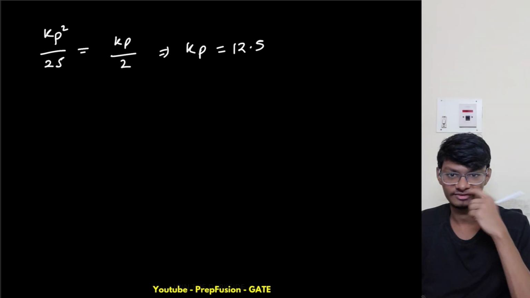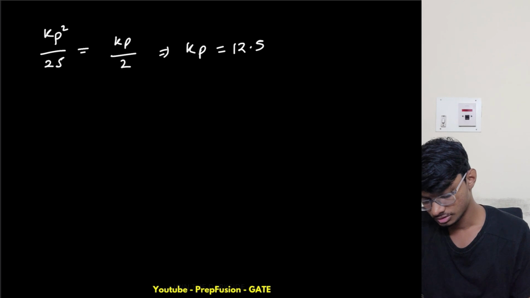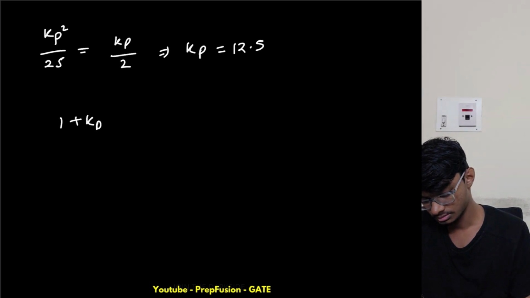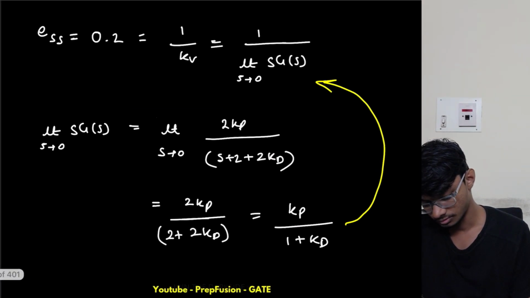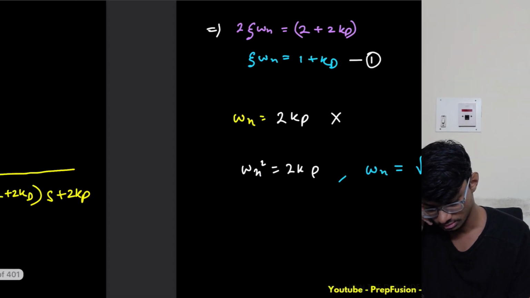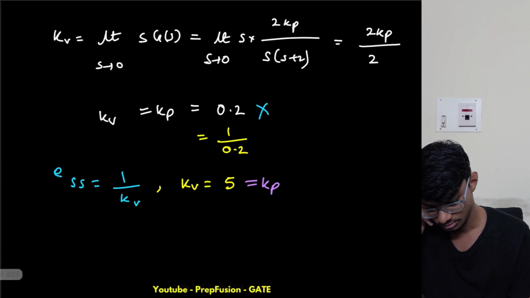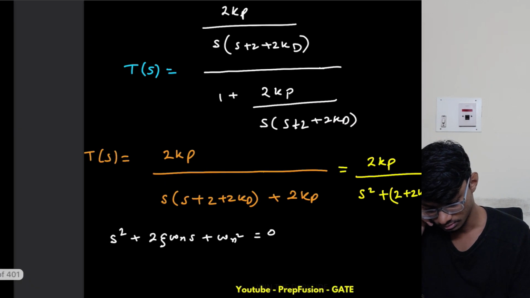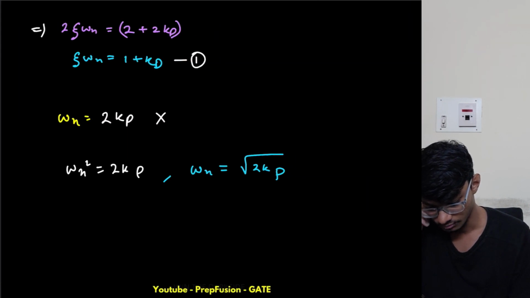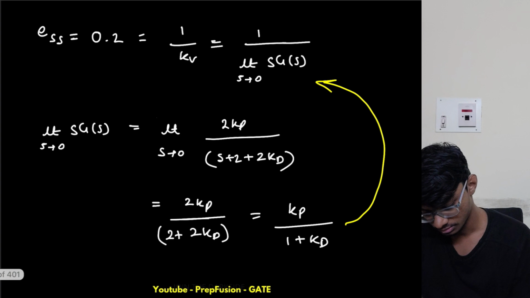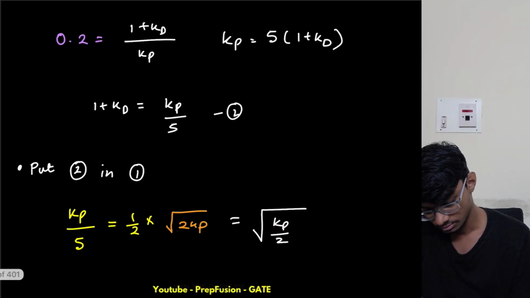Now from here I can derive my kd also. So what will my kd be? I know 1 plus kd equals, what was it? Yeah, 1 plus kd into 5 was equal to kp, right?